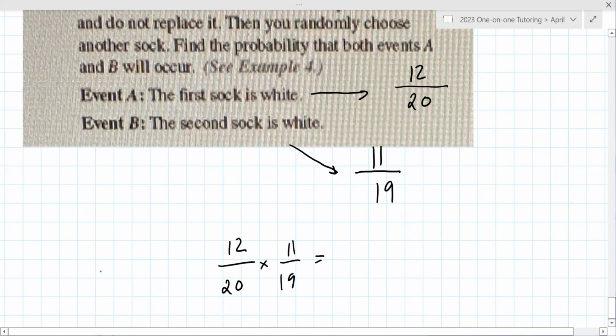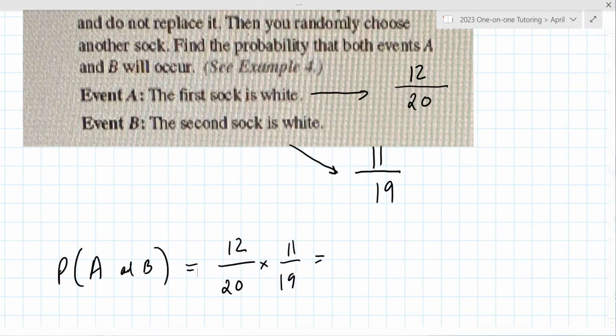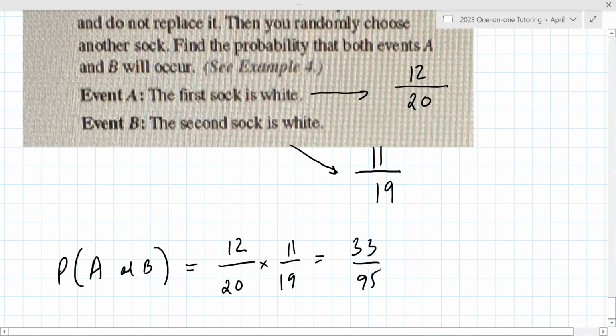So it's the probability of A and B taking place here. All right, so that ends up being 33 over 95. You can grab a calculator if you want to reduce that further.